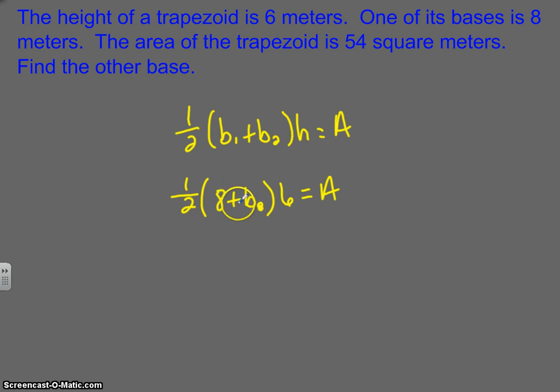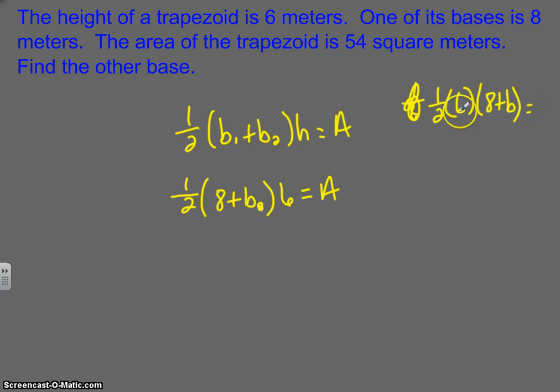Now this looks a little weird. This may look a little new to us because of the order it's in. But remember, it's this times this times this. And so if I switch the order, I'll do it over here.